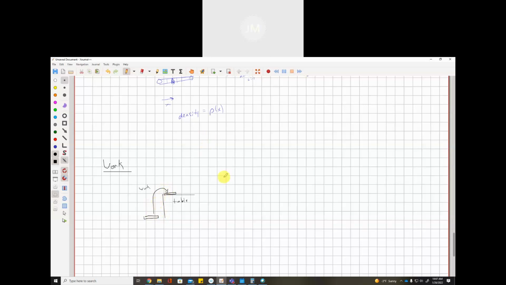Okay, so the way we define work is we move an object by pushing on it with a force, and we cover some distance. Okay, so work is force times distance. Okay, now I say distance, we have to be a little bit careful.